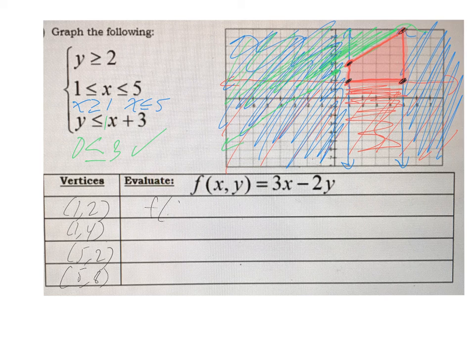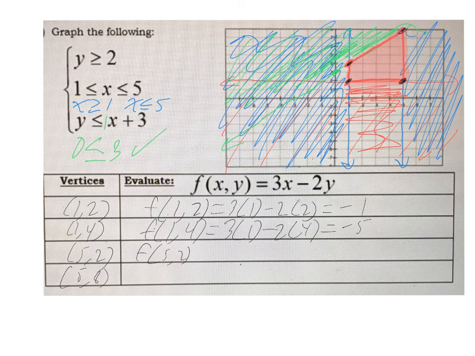So f of 1 comma 2, again, that's kind of new notation. Building on function notation, we're going to plug in 1 for x and 2 for y. So 3 times the 1 minus 2 times the 2. So that's 3 minus 4, which is negative 1. F of 1, 4. That's 3 times the 1 minus 2 times the 4, so that's 3 minus 8, which is negative 5.